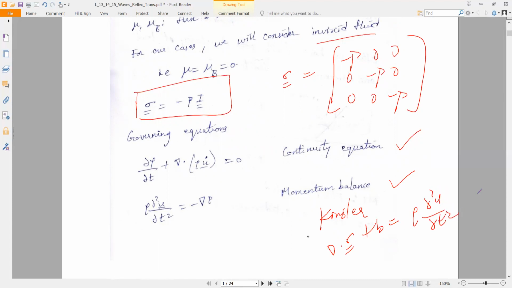You substitute sigma as minus p times the identity tensor, and that's what you will get. Pressure being compressive, you will get that minus sign. This equation is also called Euler's equation. We have the continuity equation, we have the force balance equation, and we have the constitutive relation. All the three relations we have for a fluid. As we are dealing with inviscid fluids, the equations are simplified.